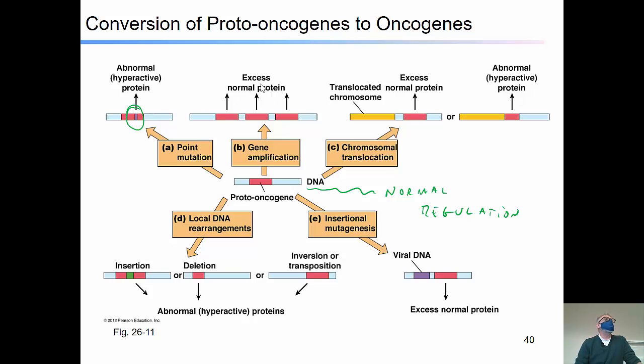We may duplicate the gene so that we're getting multiple copies. We may get disruption of the regulatory regions, either through natural events or within-the-cell events or through viral insertion. And then we can get other forms of the hyperactive protein. And this promotes the gene from a proto-oncogene to an oncogene.